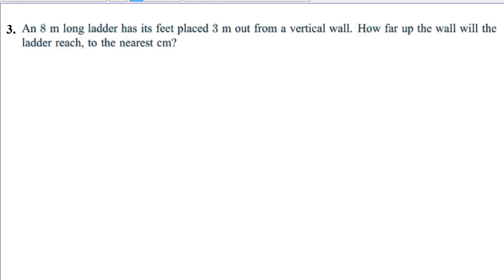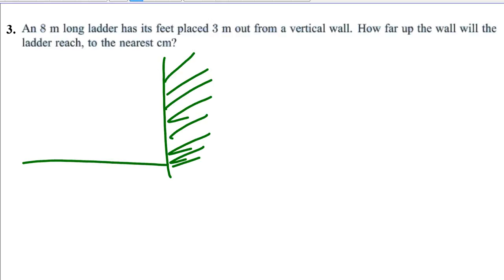Number 3, an 8-meter long ladder has its feet placed 3 meters out from a vertical wall. How far up the wall will the ladder reach to the nearest centimeter? So again, like we did before, it might be important if we can sketch this information.